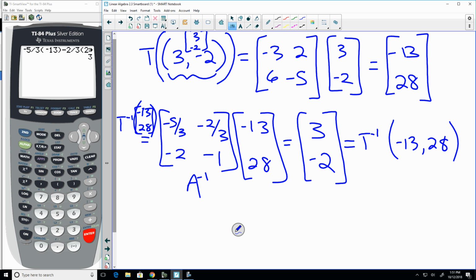And remember what the transformations can do, right? The transformation can rotate vectors, right? Rotate, reflect, scale. It can find derivatives of polynomials. So what would be the inverse transformation if your matrix does polynomial derivatives?